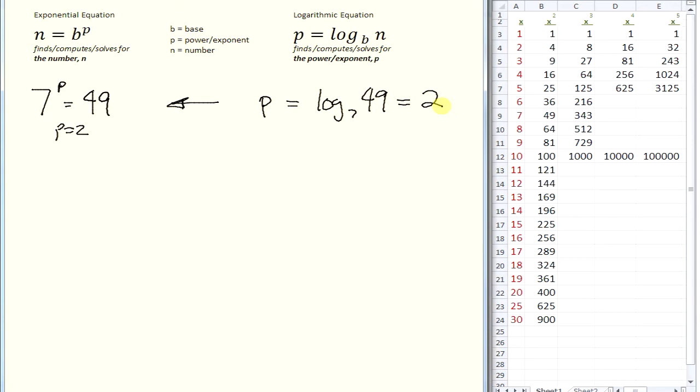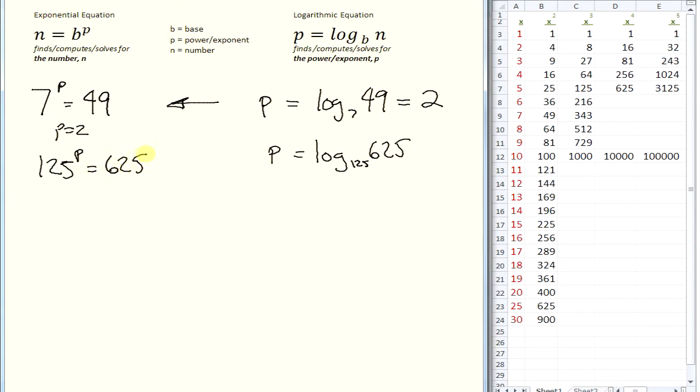Why is that important? Because not only are you learning logs, not only are you learning how to convert them back to exponential equations, you're going to find out you're going to need to relearn your exponential rules. So here's another example. Let's say I have the log of 625 to base 125. Now, if I'm going to have it equal something, I'm going to probably have to write 125 to the p equals 625.